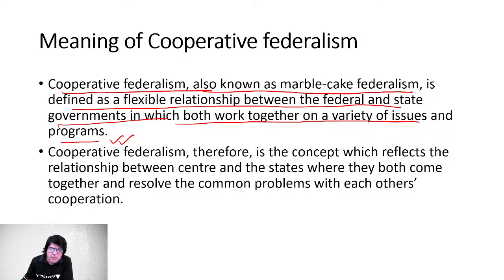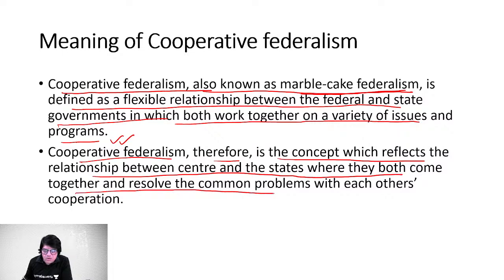Now I'm going to talk about cooperative federalism, which is also known as marble cake federalism. Marble cake federalism is defined as a flexible relationship between the federal and the state governments in which both work together on a variety of issues and programs. So cooperative federalism is a concept which reflects the relationship between the center and the states, where they both come together to resolve common problems with each other's cooperation.